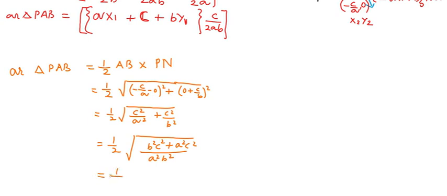In the very next step, in the numerator you may take common C square, then you will have (B square plus A square) upon A square B square.